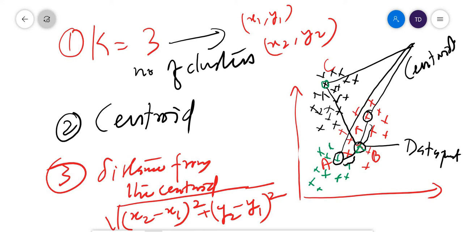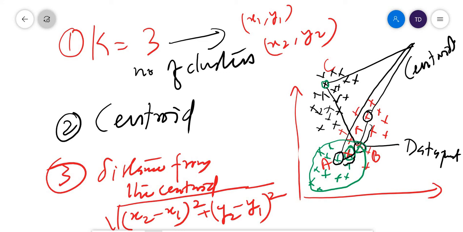If you assume these points are numbers, how do we calculate the midpoint? We calculate the mean. So again we calculate the mean of this first cluster, and we change the centroid from this point to somewhere here. The centroid is updated. That is the fourth step.